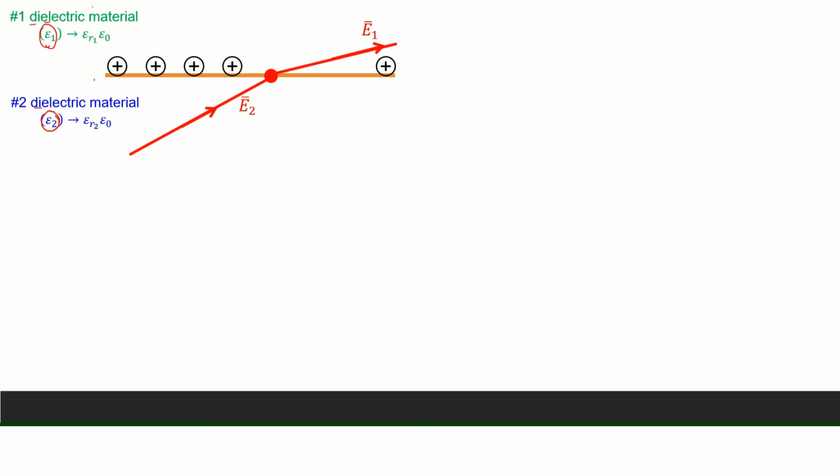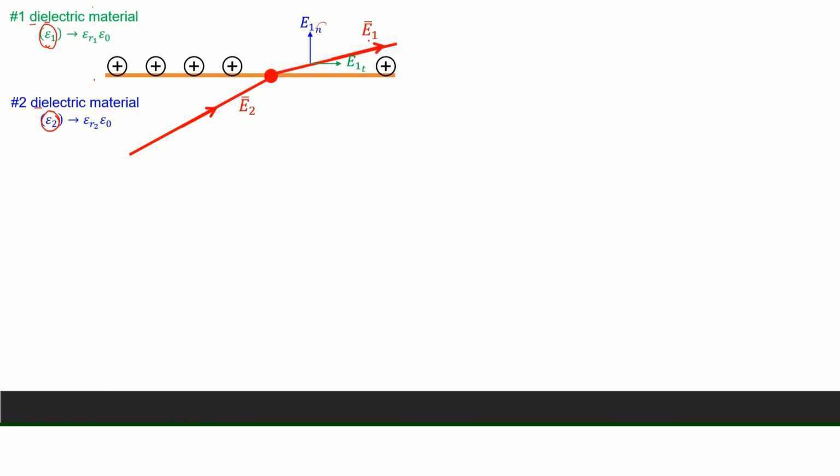As we have learned in conductor, it is the same here, where the field can be separated. E1 can be separated into E1 normal and E1 tangential, where normal is 90 degrees to the boundary and tangential is 0 degrees to the boundary.